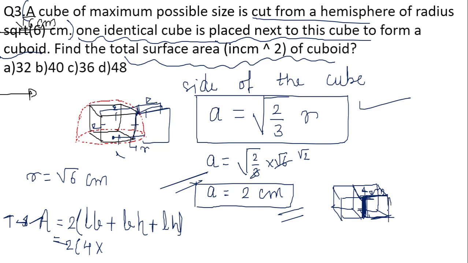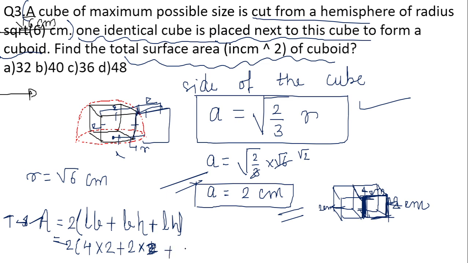So length has converted into 4 centimeter. Breadth has remained the same. Breadth is the same, 2 centimeter only. But the length and the height have changed now. Plus 2, again breadth is 2 into height is 4. Sorry, height is 2, not 4. Sorry, height is 2 only.